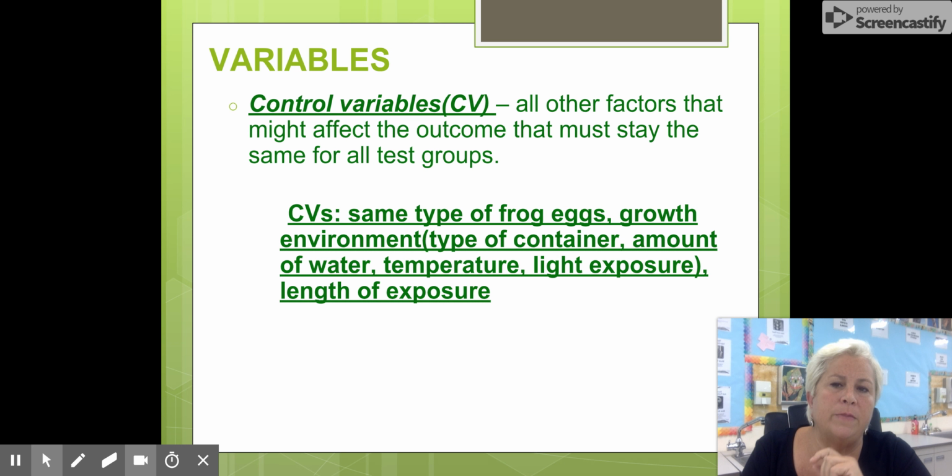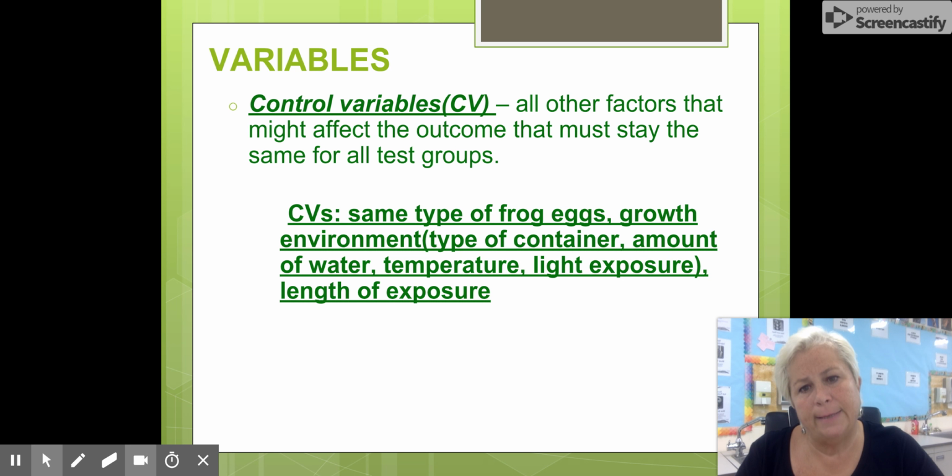All right. The next variable that you need to remember are the control variables. Now, this is plural. If you notice, it has an S on the end rather than independent variable and dependent variable. So the control variables are any other factors that might have an impact, might cause some change in the outcome or the results for any of your test groups.